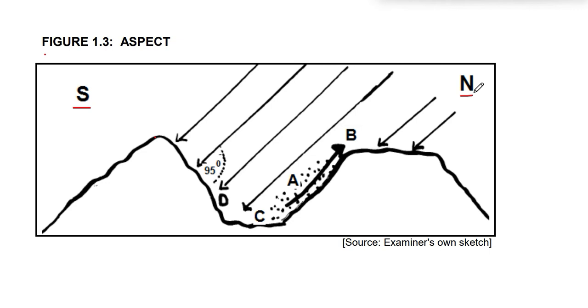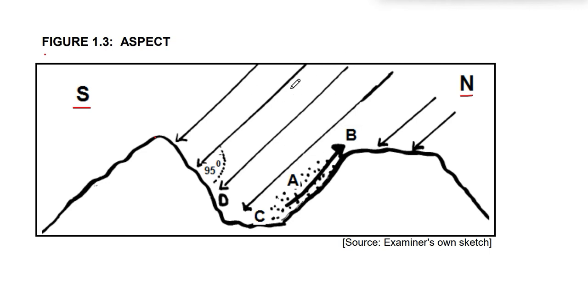The reason I'm explaining this is that, remember, in the southern hemisphere, the north facing slope is the one that is receiving the sunlight. I repeat, in the southern hemisphere, the north facing slope is the slope that is receiving the sunlight. However, in the northern hemisphere, meaning countries or regions in the northern hemisphere, the south facing slope is the one that is receiving the sunlight.